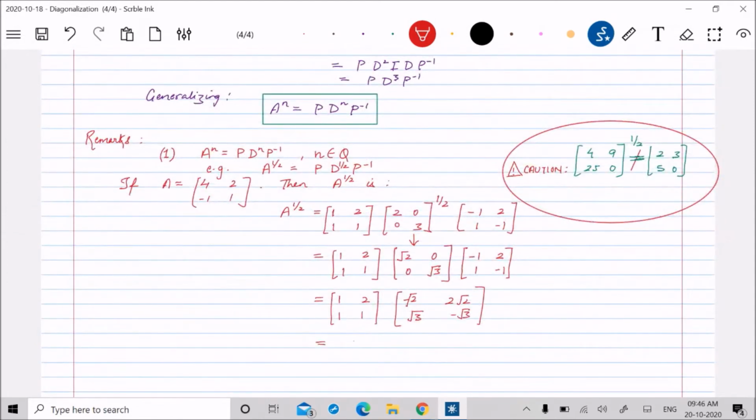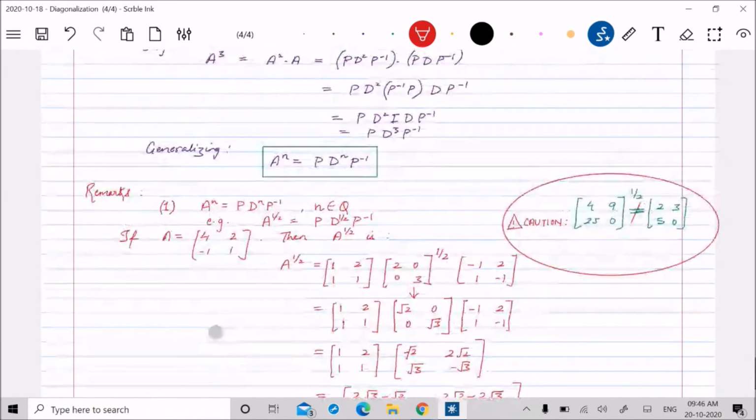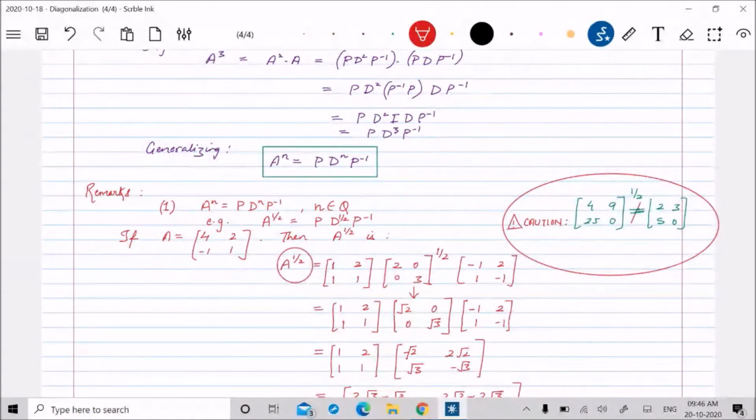Minus root 2 plus 2 root 2, this will be 2 root 3 minus root 2. This will be 2 root 2 minus 2 root 3. And this will be minus of root 2 plus root 3. This will be 2 root 2, sorry, 2 root 2 minus square root of 3. This is the answer. This is the square root of this matrix.